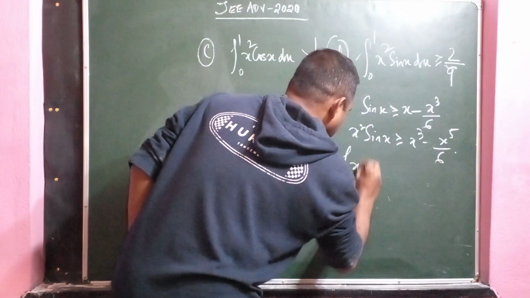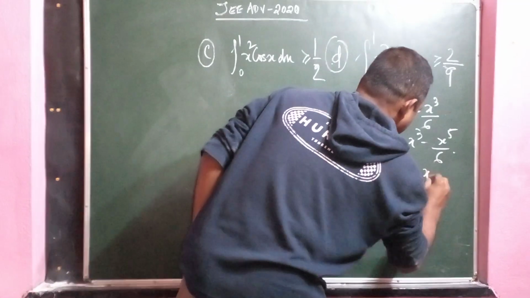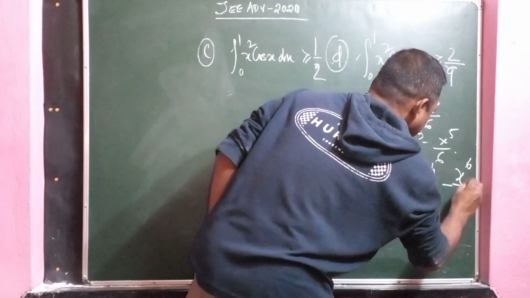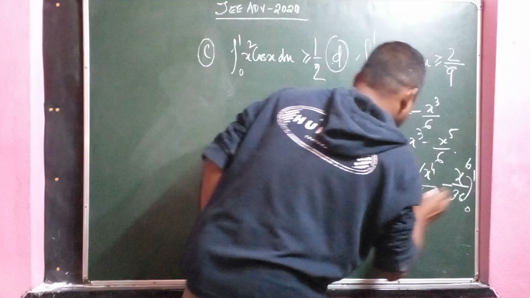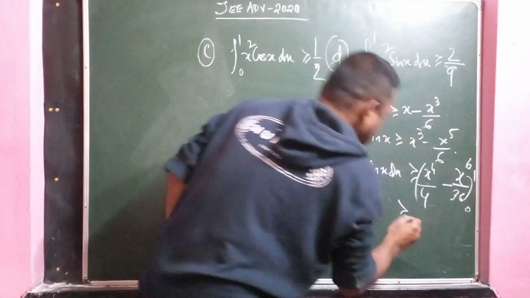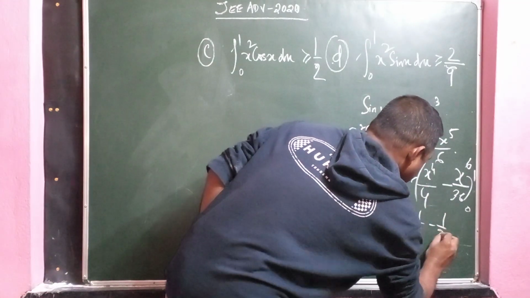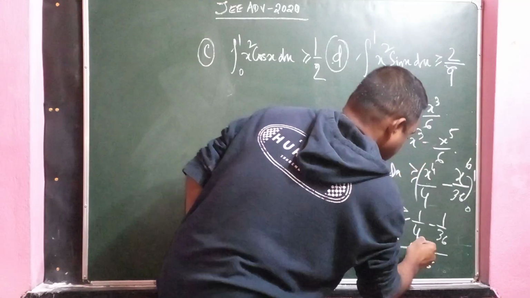Now integration of x square sin x dx is greater than equals to x to the power 4 by 4 minus x to the power 6 by 36, from 0 to 1. So that means greater than equals to 1 by 4 minus 1 by 36.